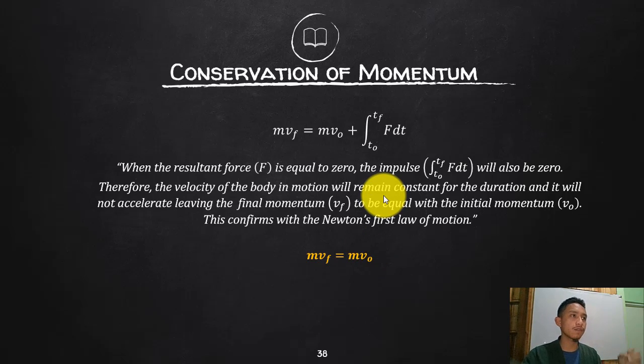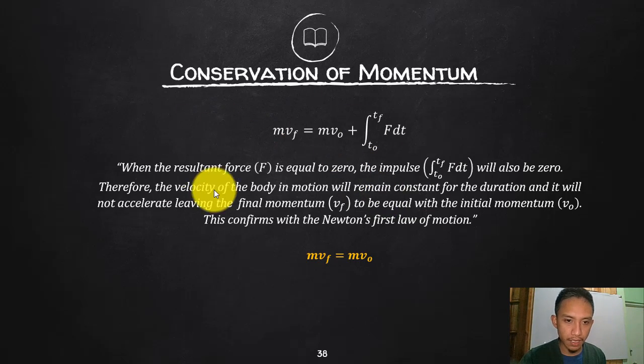So again, even if there are external forces applied on the body in motion, if they just cancel out each other, then the motion will still be the same, or will still be constant all throughout. Okay, so the initial velocity is the same as the final velocity. At the same time, if of course nothing happens with the mass, then the initial momentum is the same as the final momentum.